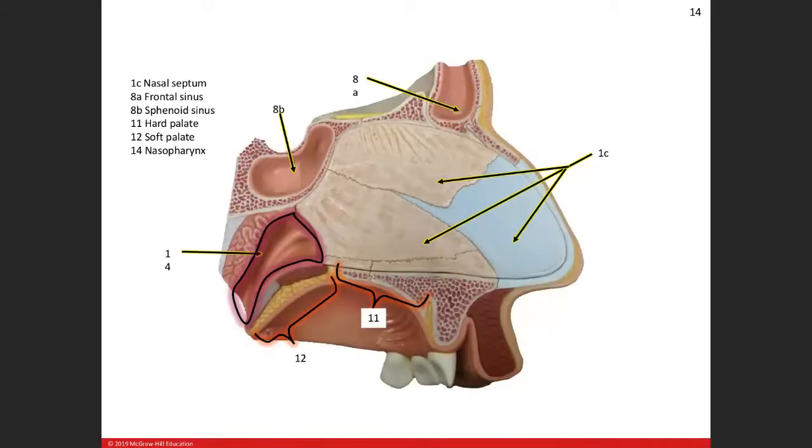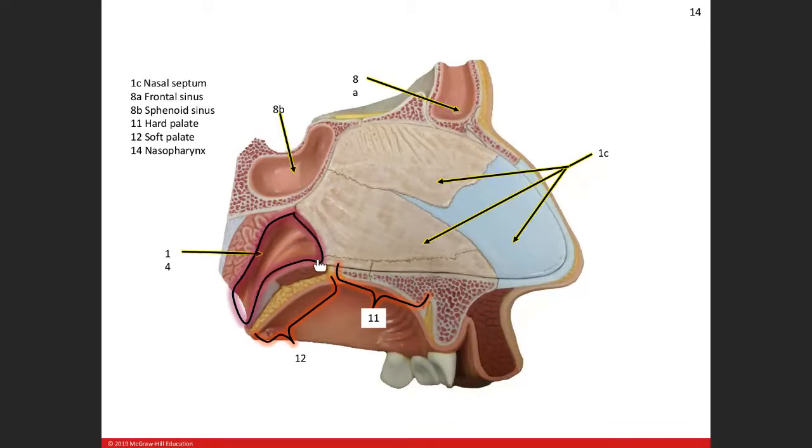Here we can see our nasal septum. We can see the bone that it's made up of. Here's the perpendicular plate of the ethmoid bone. Here's the vomer. And then you have your actual hyaline cartilage here at the anterior portion. Frontal sinus, sphenoidal sinus. This is showing us that nasal pharynx there.